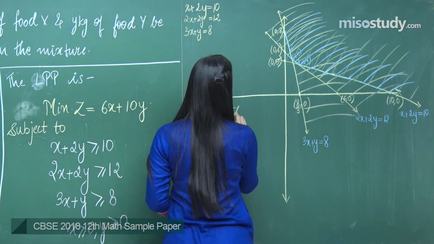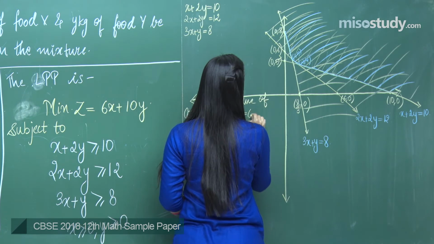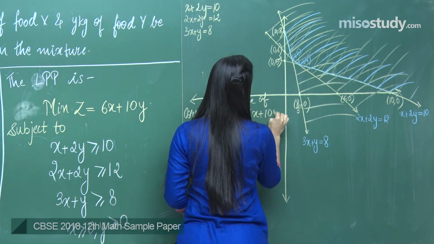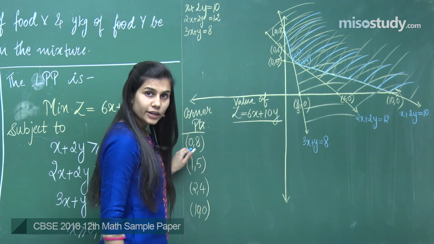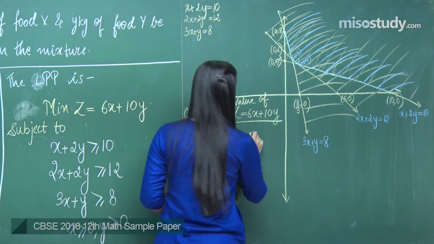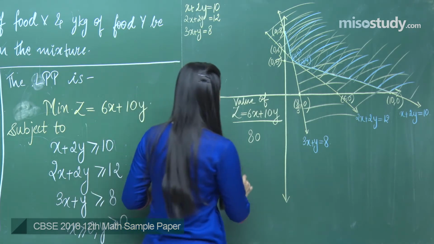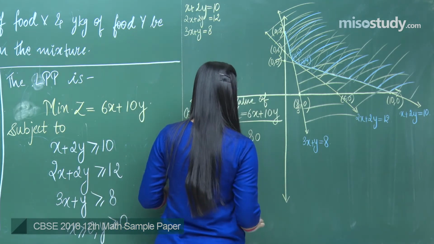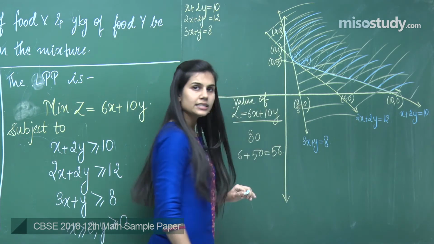And over here, value of Z, which is equal to 6X plus 10Y. So 6 into 0 plus 10 into 8 gives you 80. 6 into 1, which gives you 6, plus 10 into 5, 50, which makes it 56.